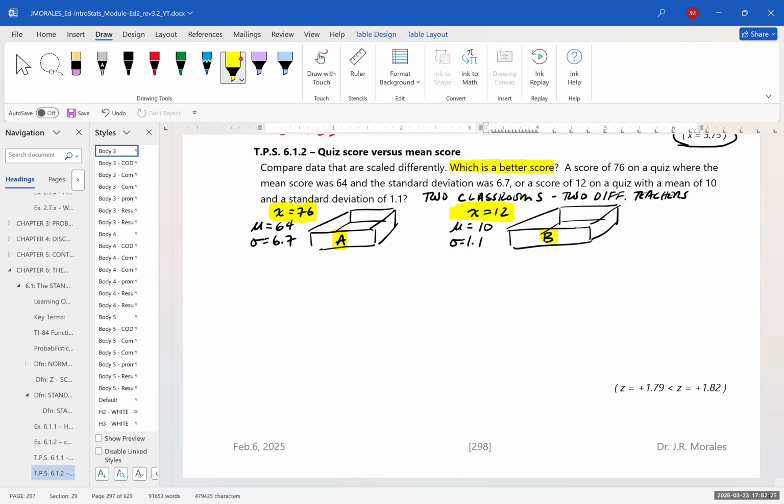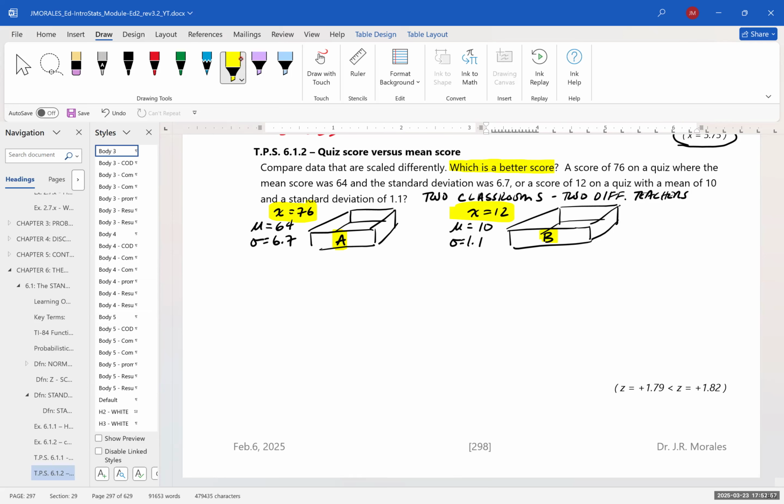Because they have these two different scales, if we convert both of them into a z-score, then we can compare their unitless z-scores against each other. And we can see, relative to their classroom averages, who did better. We'll have a direct means of comparison by comparing z-scores.